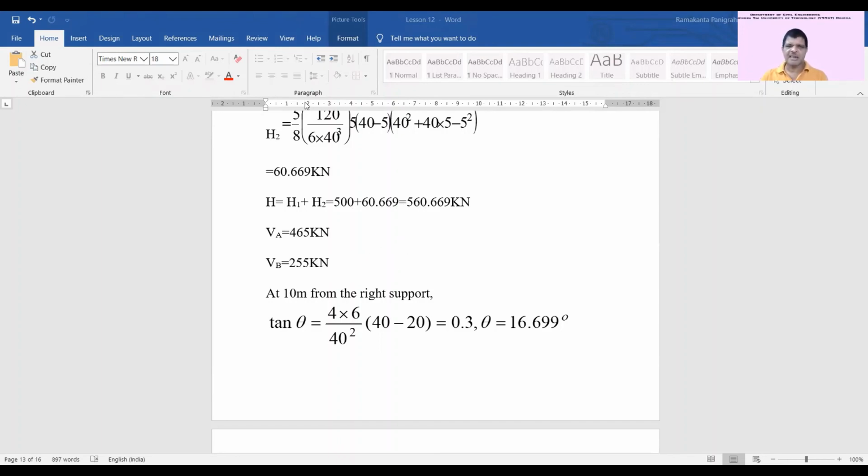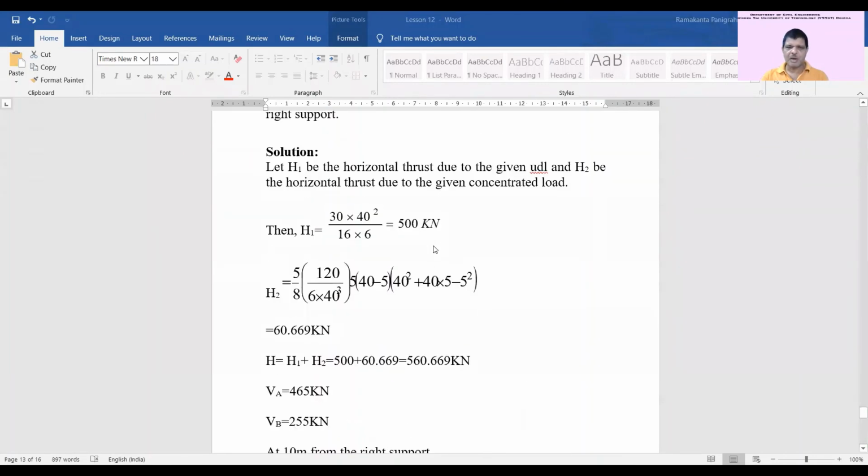We have the standard formulas we can adopt, or we can take these equations that VA plus VB is equal to the total load, that is given, the UDL and this point load. So let us see what the value is.